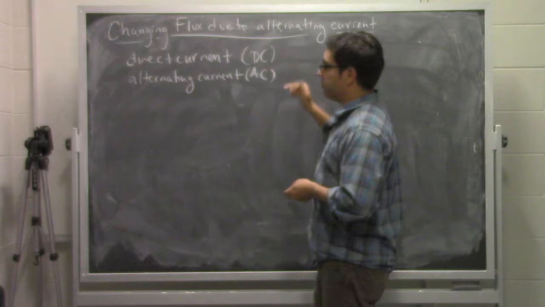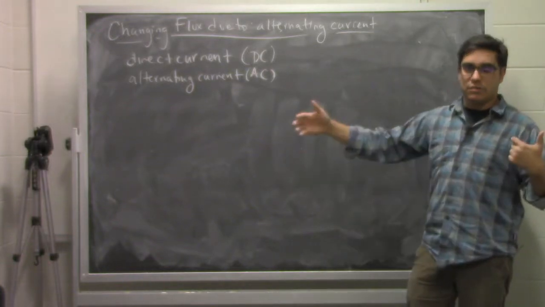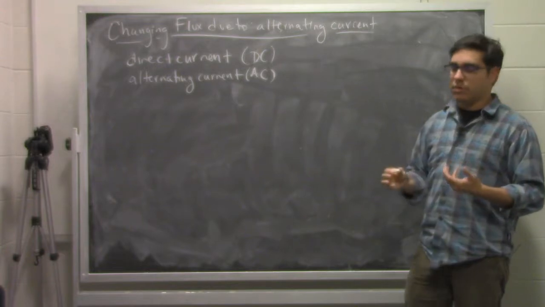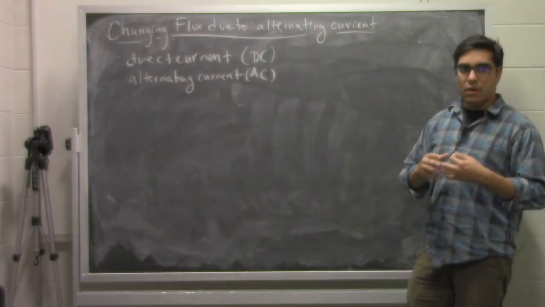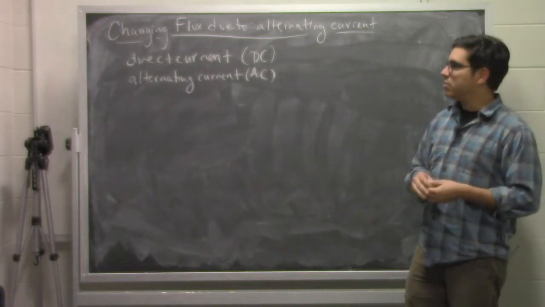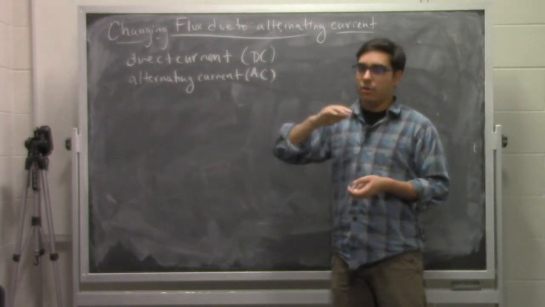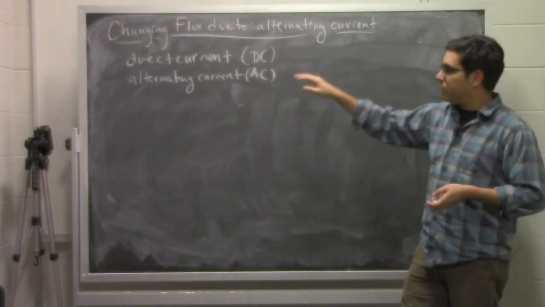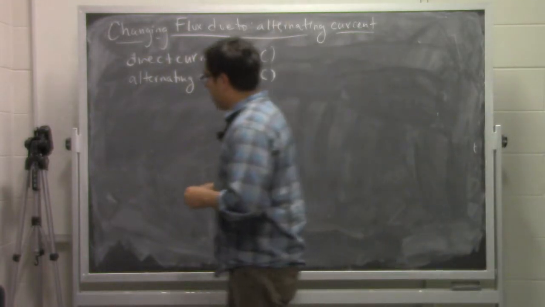But it turns out that alternating current is much better for long distance travel of electrical signals because the thermal losses, the losses associated with resistance in the wire, are about 1,000 times or so less than with direct current. And so you can send alternating current over very long distances as compared to direct current. So Nikola Tesla sort of won the argument there.